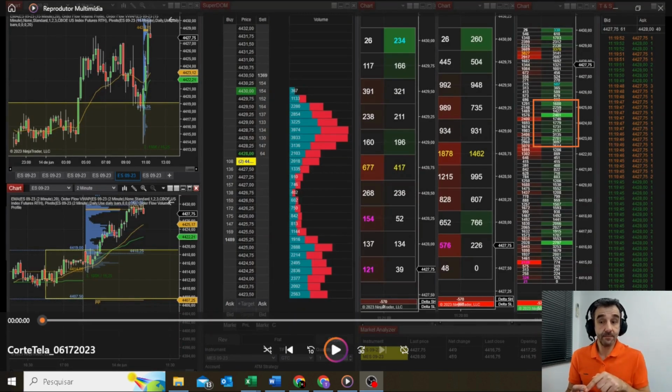But in this case it was the opposite. It was clear to me that it could move downwards, and a short was the best alternative, even though we were at the daily highs.